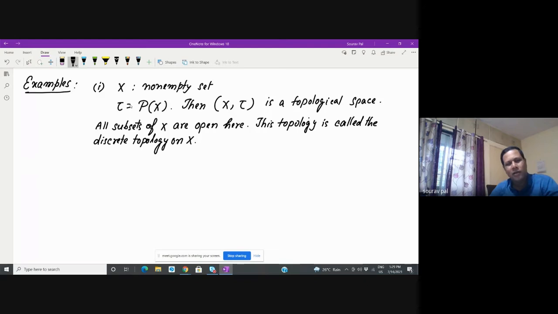You just collect all its subsets and call it a topology. As simple as that.